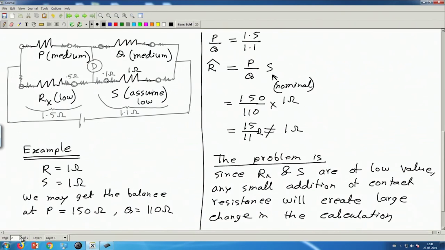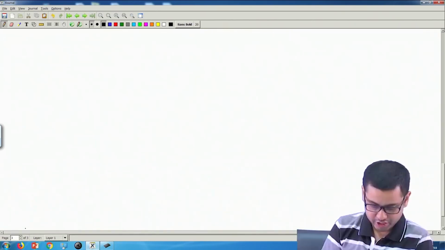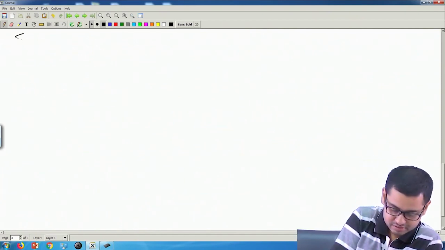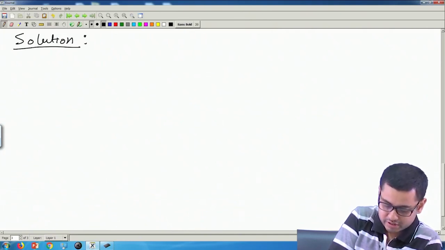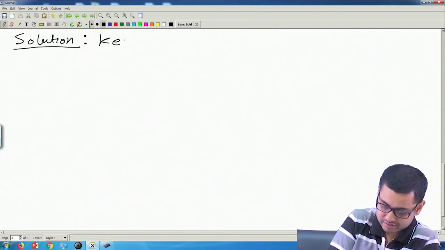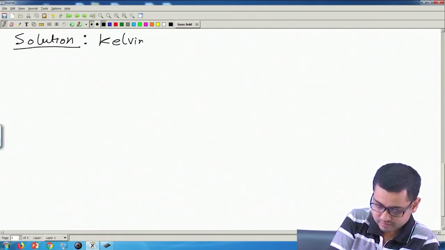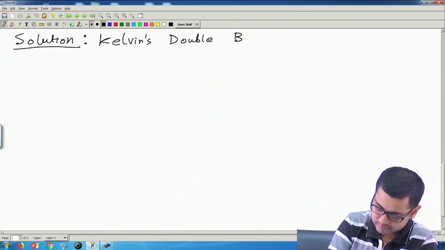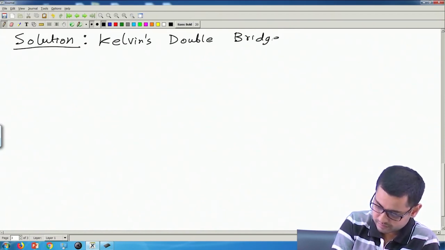Now, if there is a problem, there should be a solution too, and the solution is called the Kelvin's double bridge. Okay.